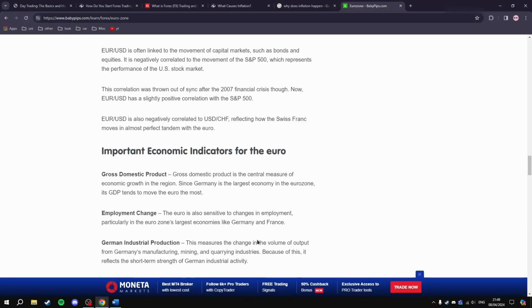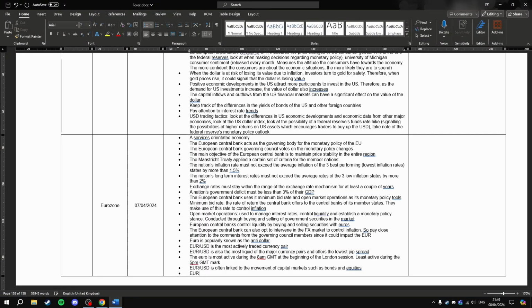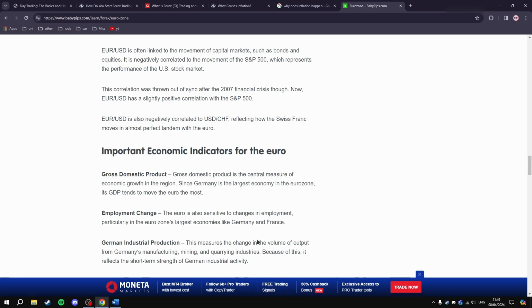It is negatively correlated to the movement of the S&P 500, which represents the performance of the US stock market.